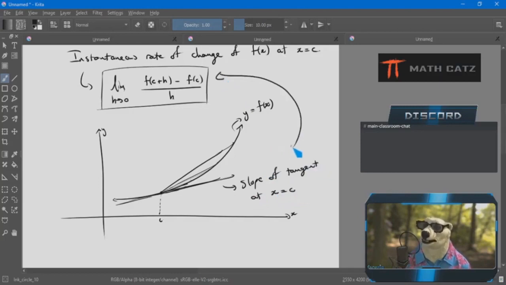So this limit definition graphically is interpreted as the slope of the tangent line at the x value in question. Very important. So when we talk about a function, like a distance function changing over time, sure, the rates of change are the speed or velocity values.